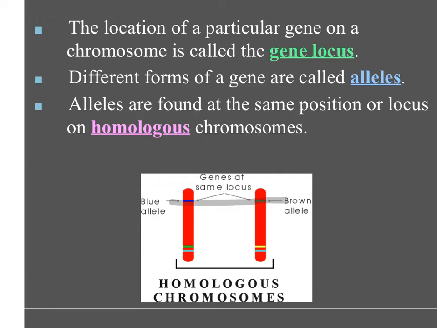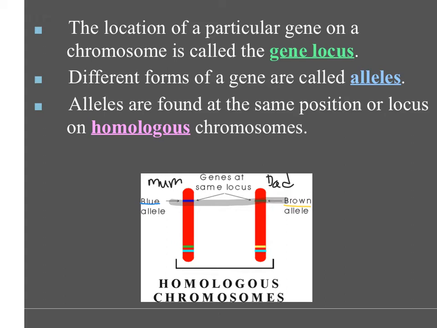And so from your, what did I say? This was mom earlier, and this was dad, hopefully. So maybe from mom, you got the blue eye color. But from dad, you got the brown eye color. And so even though it's the gene that codes for eye color, there are more than one options that exist.